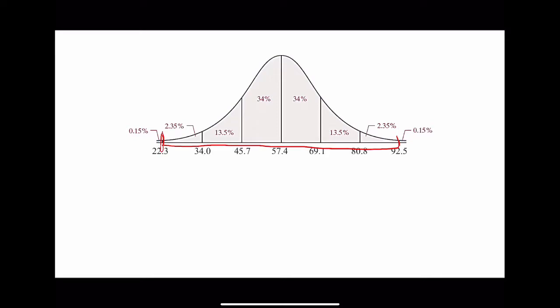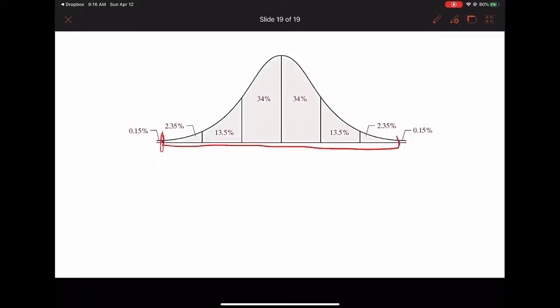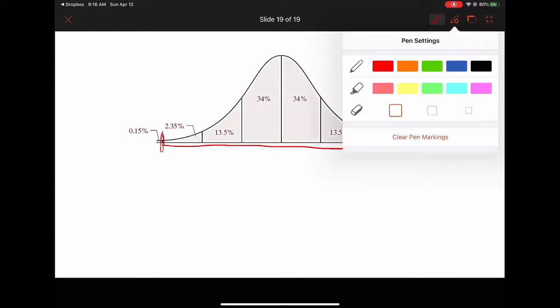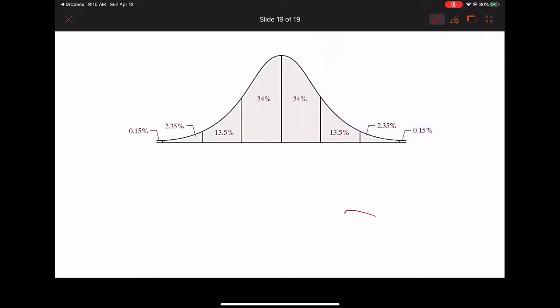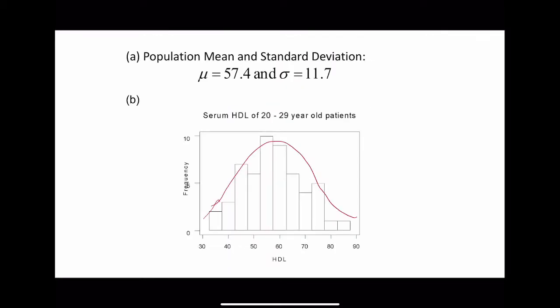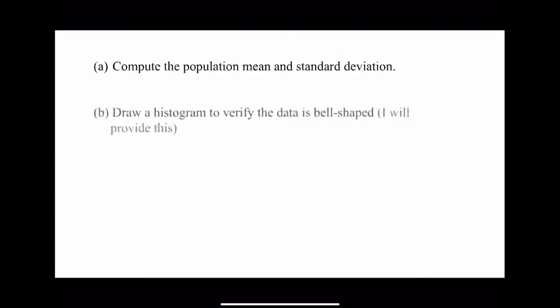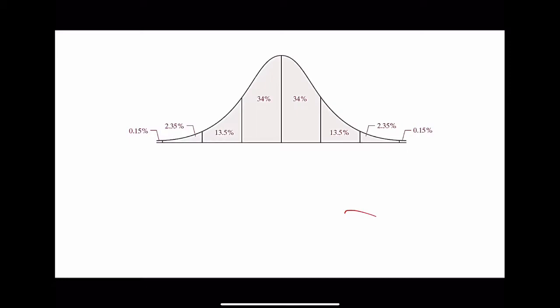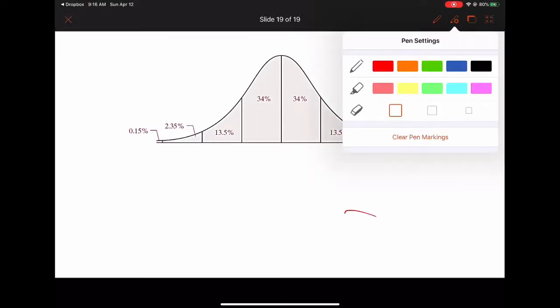Let me show you how we calculate this. So 57.4 is my mean, and 11.7 is my standard deviation. You're going to be asked different numbers here.